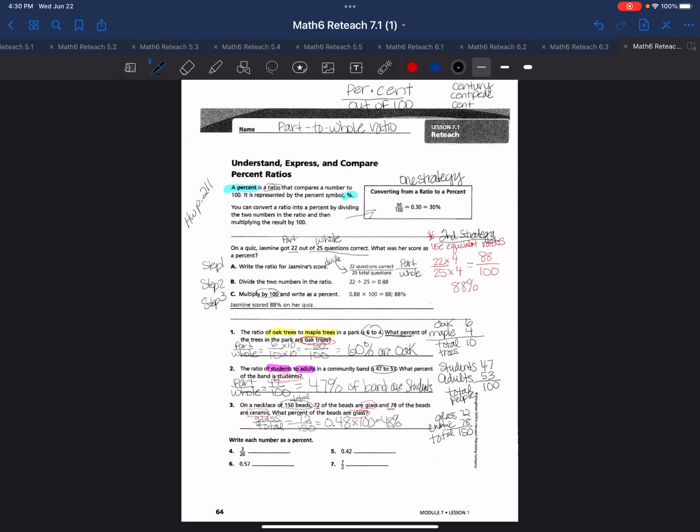Now write each number as a percent below. I want to just review that we can use place value here on the decimals. So on question 5 and 6, we want to go back to our place value understanding, where we have tens, ones, tenths, and hundredths.